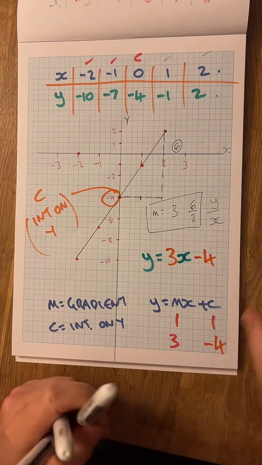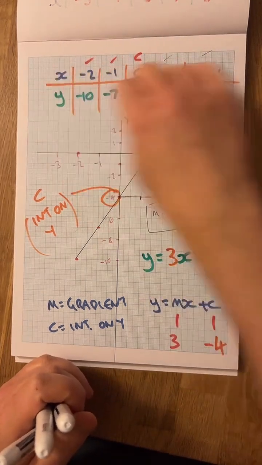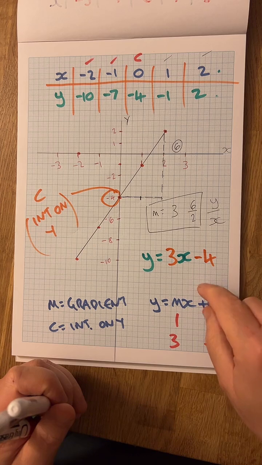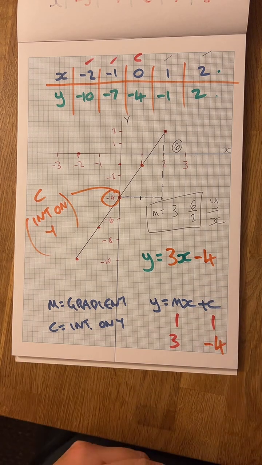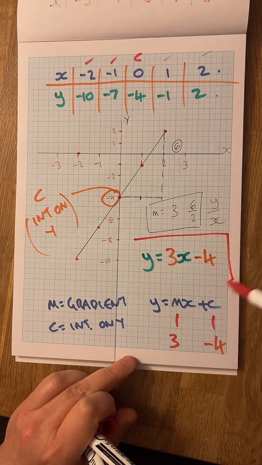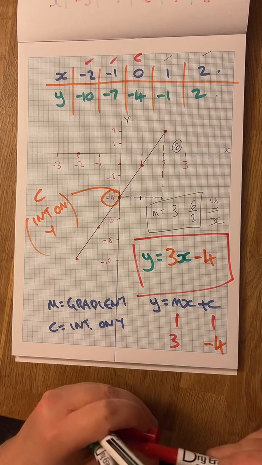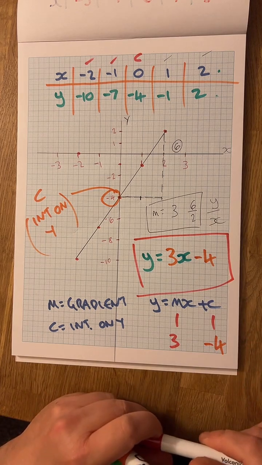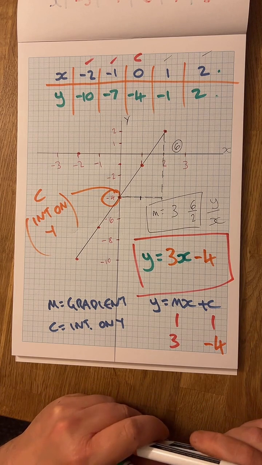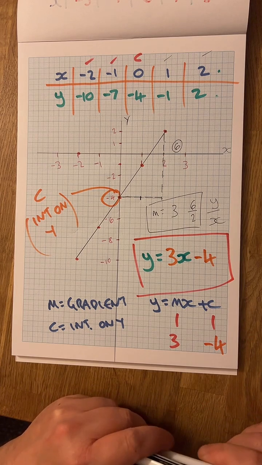That's the rule of that line. So you can find them numbers from there. Easy peasy. Y equals 3x - 4. 6 divided by 2 is 3. There we go. Straight line graphs.